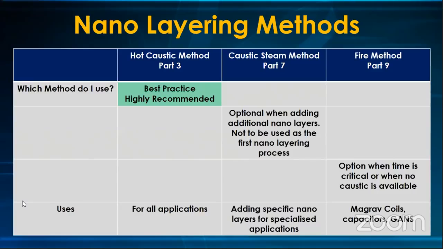So if you produced the nanolayers by hot caustic method, in that case, you take them out, you wash them out, you rinse them, and you put them in caustic steam, and use the caustic steam method.